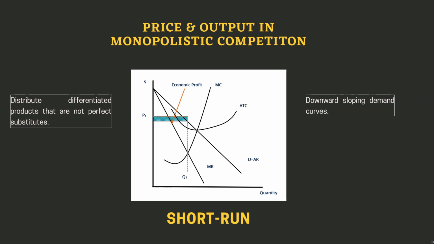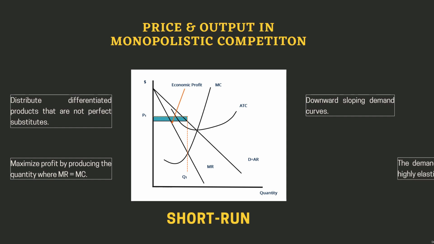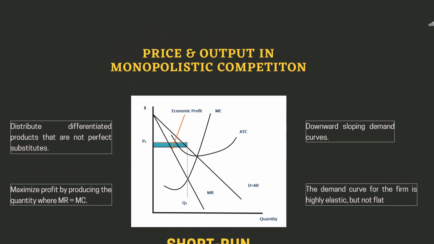The firm has downward sloping demand curve because their products for each firm are different. The company can maximize their profit by producing the quantity where marginal revenue equal to marginal cost. Lastly, the demand curve for the company in the short run is highly elastic and not a flat curve.